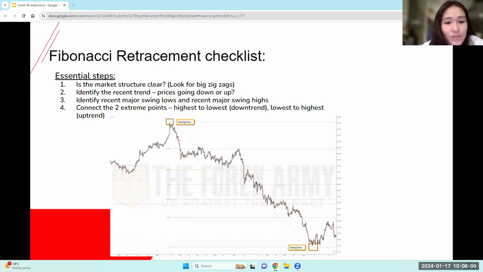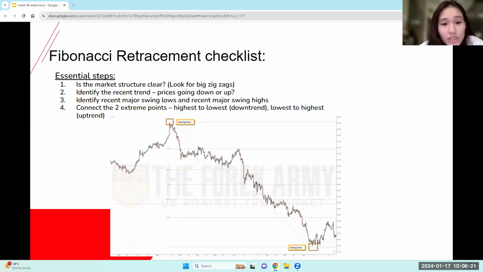Next, we're looking for recent trends. We want to identify, is the trend going up or down? It's always important to follow the general trend. Next is to identify recent major swing lows or recent major swing highs. Again, we'll show you some examples of those.